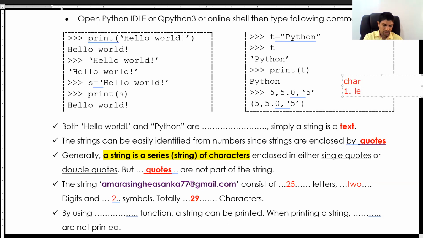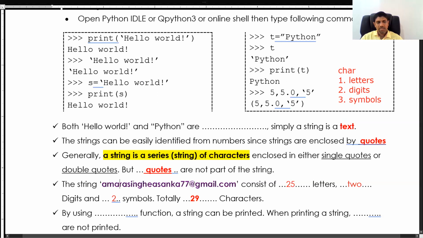The letters are possible. Letters. And the other category is digit. And there's another category, symbol. Symbolic characters, symbols. I have taken my email address as an example here. My email address consists of letters: A, M, A, R, A, they are letters. 7 are digits.